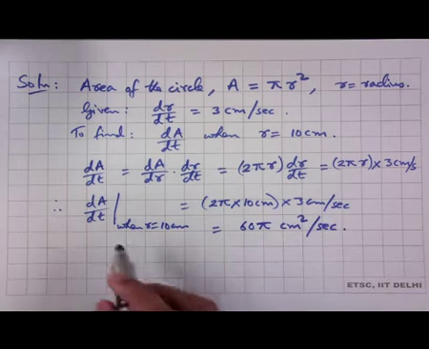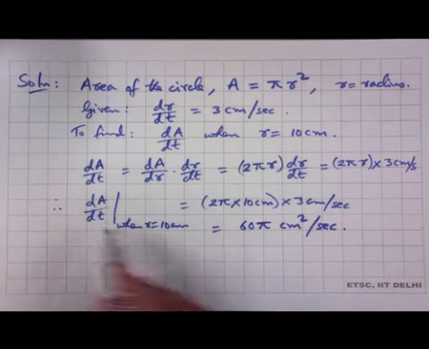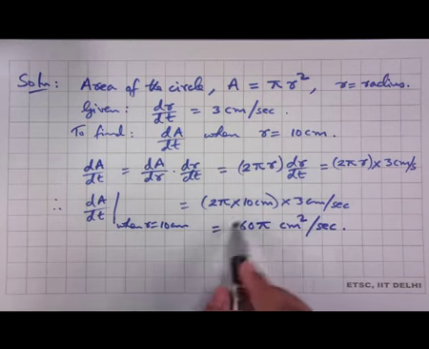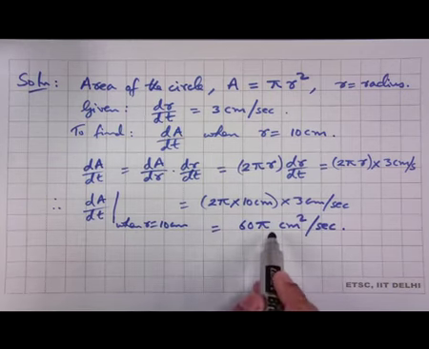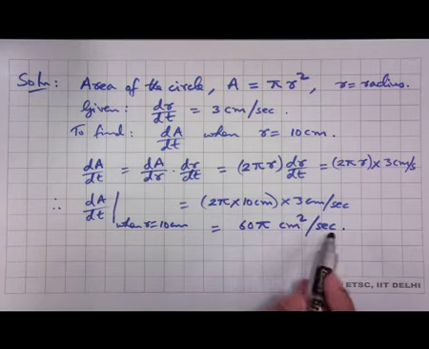So, this gives the rate at which the area is increasing. The area is increasing at 60 pi centimeter square per second when radius is 10 centimeter.